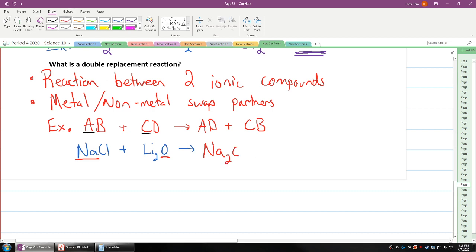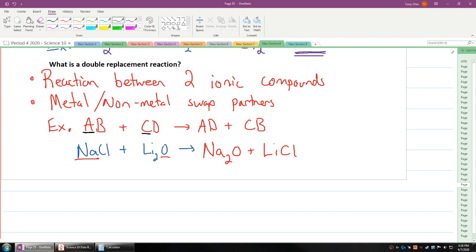So it becomes Na2O. Lithium was with oxygen, is now going to be with chlorine. Lithium is positive 1, chlorine is minus 1, thus they're already balanced in charges, so it becomes lithium chloride. So this is a double replacement reaction.